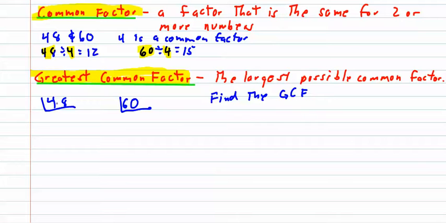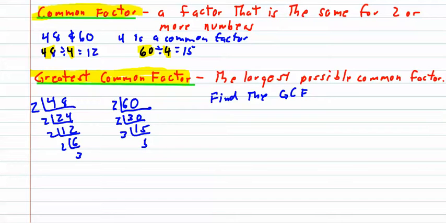What's the smallest prime that goes into 48? 2. How many times? 24. And I'm just going to divide by 2 till I can't divide by 2. 12, 2 goes into 12, 6, 2 goes into 6, 3, and I'm done because 3 is prime. I'm going to do it here. I get 30, 2 goes into 30, 15, and then 3 and 5.